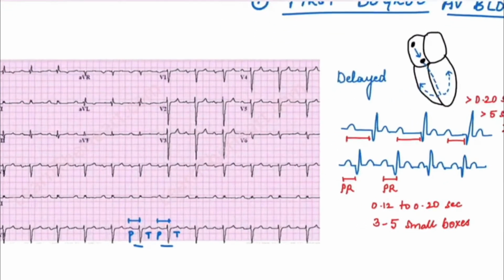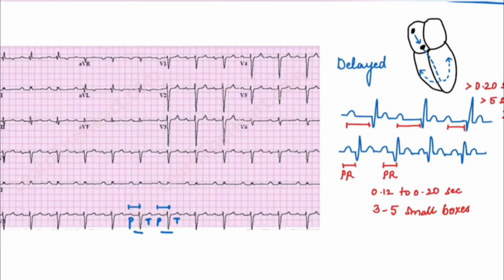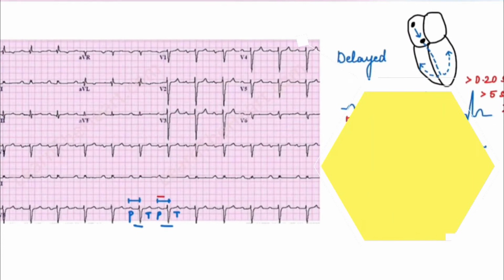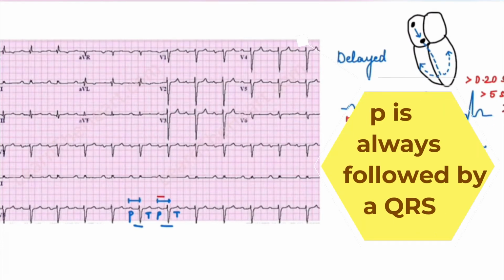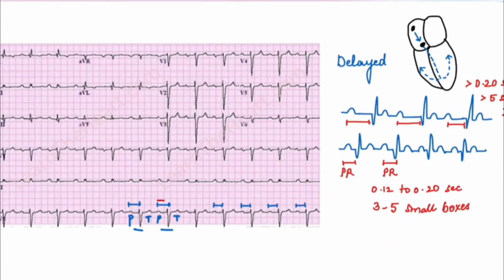So if the PR interval is more than 1 large box or more than 5 small boxes, that indicates there is a first degree AV block. But remember, in first degree AV block, a P wave is always followed by a QRS complex. Only thing is there is a delay between the P wave and the QRS complex.